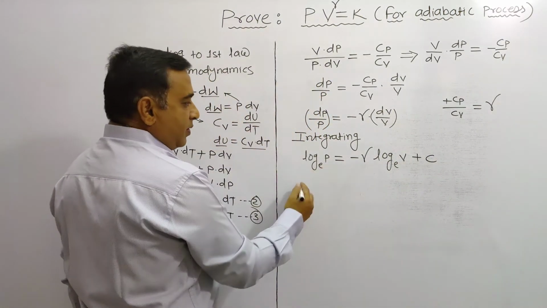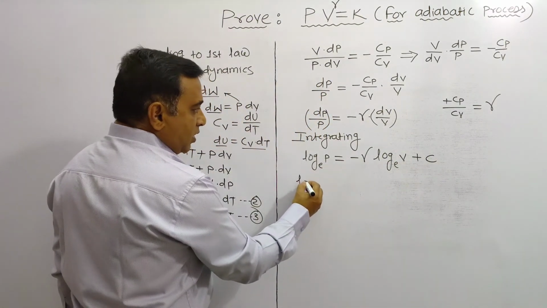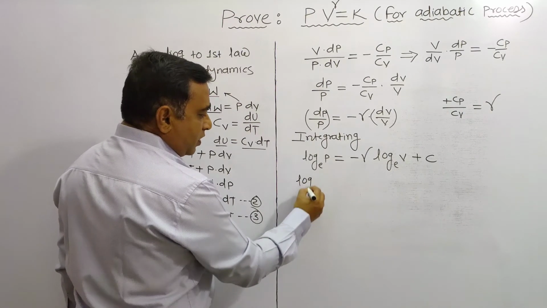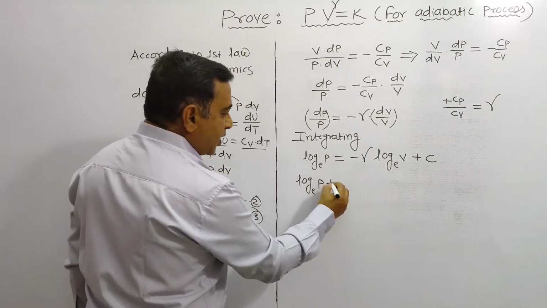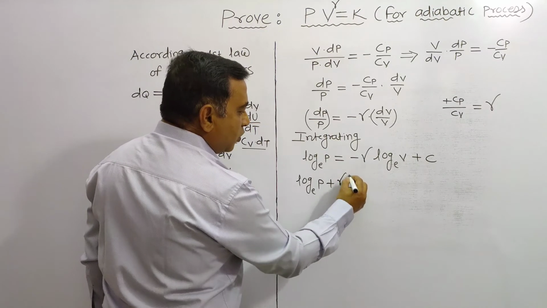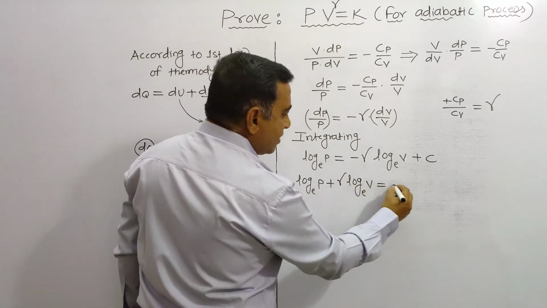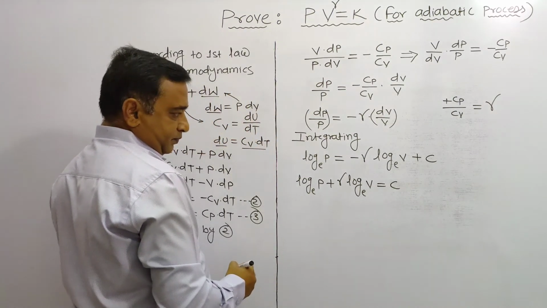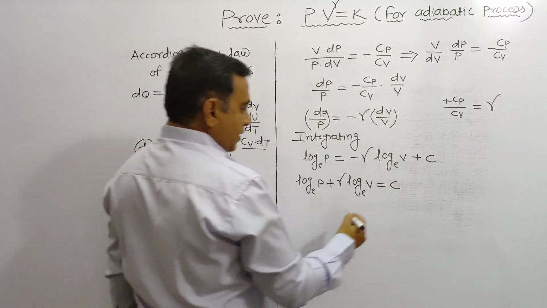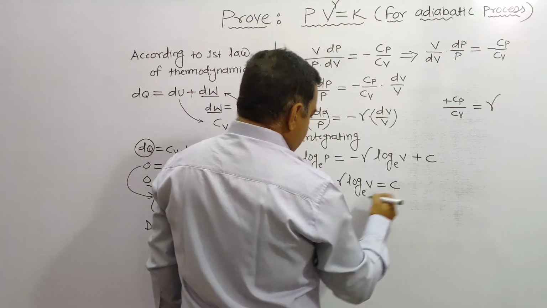So here I'm going to write log to the base e P plus gamma into log to the base e V is equal to c.